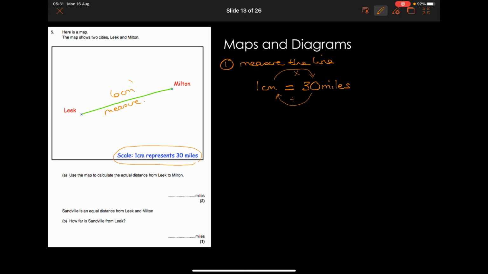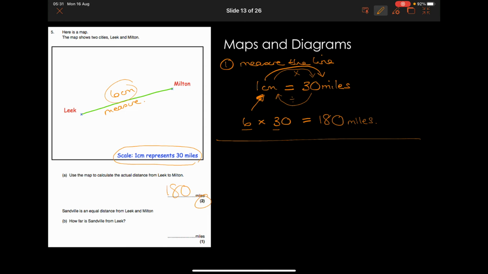And I've got 6 centimetres, so I'm on this side of my diagram. I'm going to take my 6 and times it by 30 to get to my real life answer. So 6 times 30: I could do 6 times 3, which is 18, and then add a 0 to the end. So that's 180 miles. And that's what would go in there, and you get 2 marks for it.